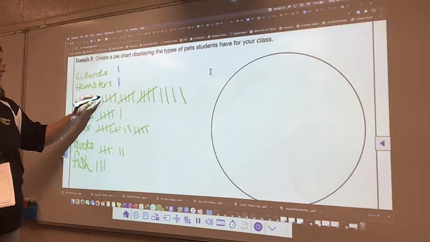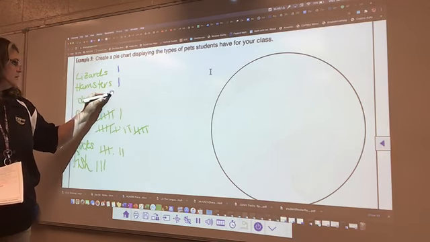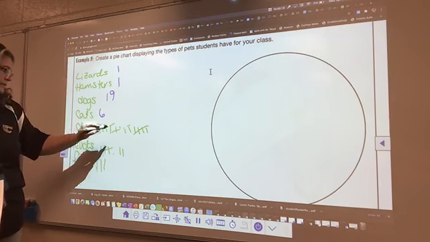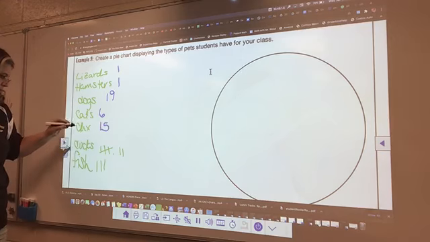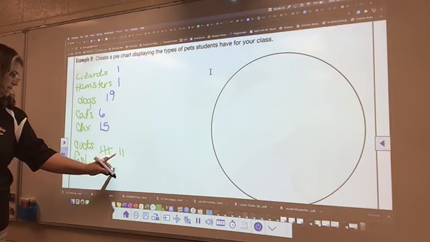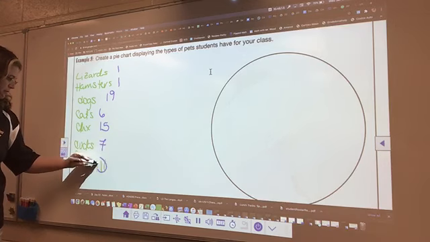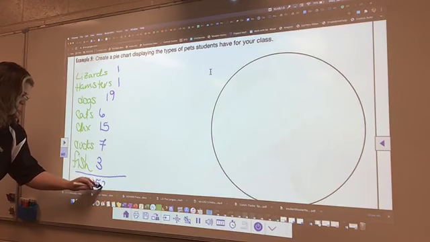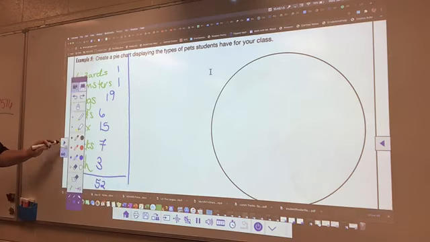Looks like we've got 19 there. Then 5, 10, 15 chickens. Dang, got a lot of chickens. And then we have 7, right? And then we have 3 fish. So what was our total? 52, okay.